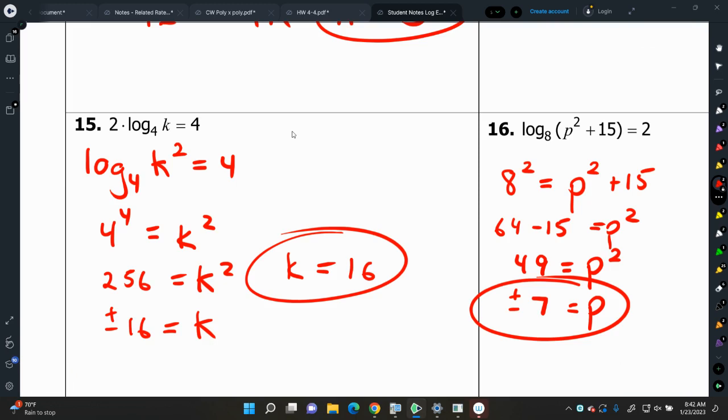Okay. Would 15 be plus or minus 9? And with the 2 would make it 16 squared. That's a really good question.